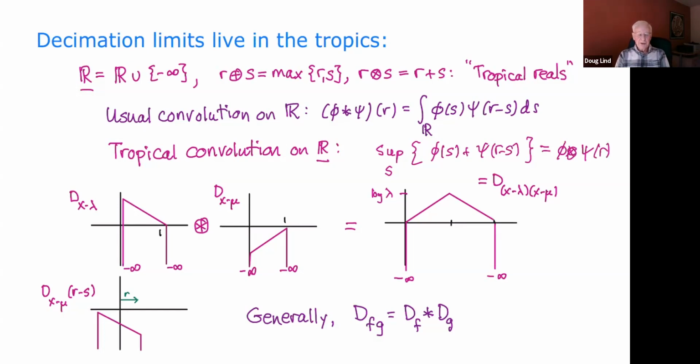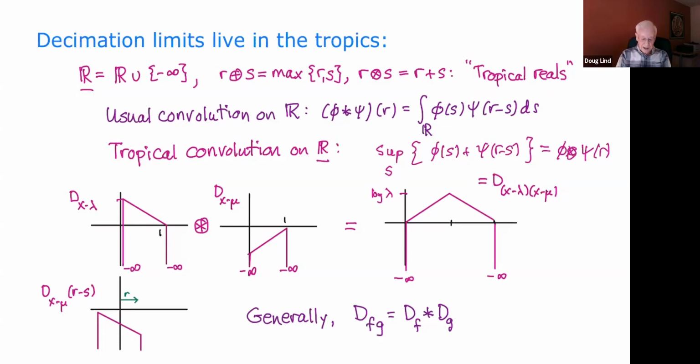So let's compute this on some simple examples just to get an idea of what's going on. The decimation limit of x minus lambda has the constant term going like lambda to the n, so you'll get a log lambda, and it looks like this polyhedral function. The same thing with mu. This is a minus lambda down here. And let's try to compute the tropical convolution.